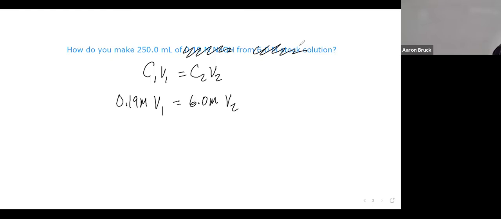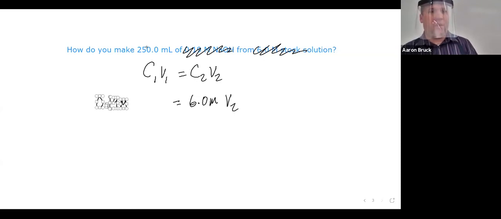So what's important here is that the 0.19 and the 250 are on the same side of the equation.